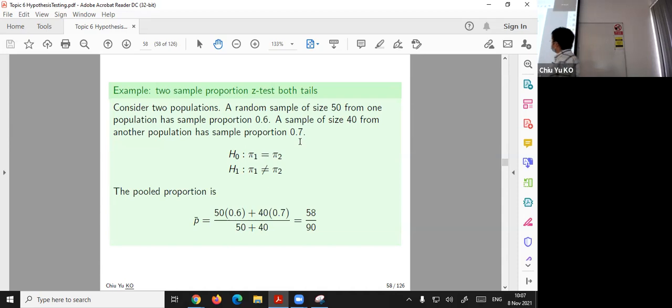So what you're going to do is first calculate p hat. This is n1 plus n2, how many of them. This is how many people are buying from mirror, and this is how many people are buying from error. Then you combine, and you have 58 over 90. So this combined data gives you how many people are actually buying.